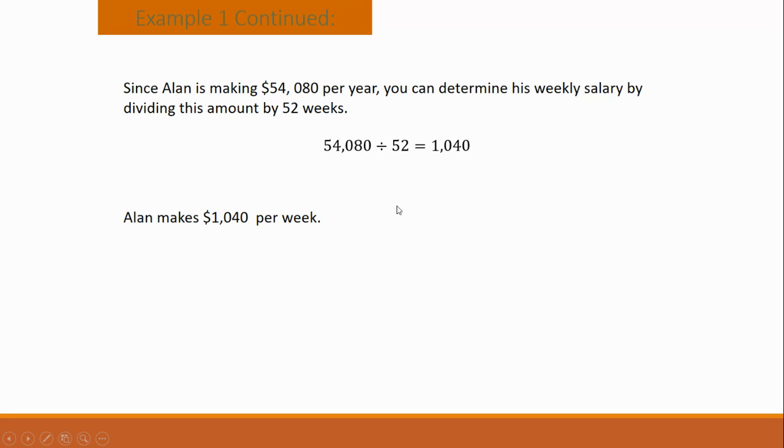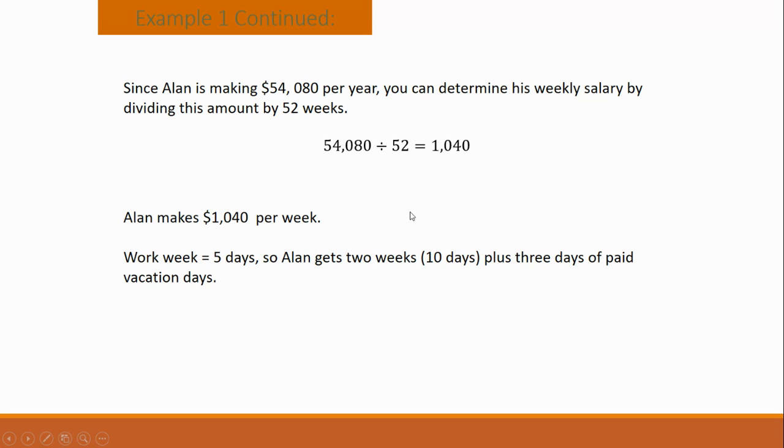That means Alan is going to make $1,040 per week. The work week equals 5 days, Monday through Friday. So Alan gets 2 weeks, which is basically 10 days, plus 3 days of paid vacation. So 3/5, or as a decimal, 0.6. So Alan gets 2.6 work weeks of paid vacation time.